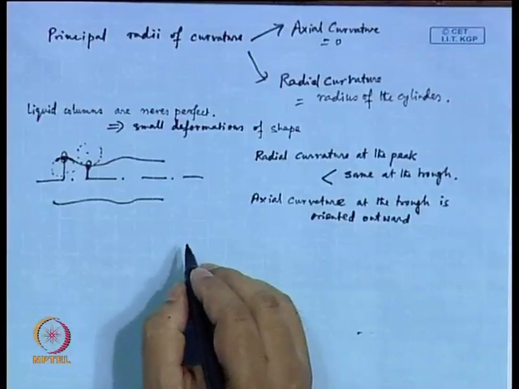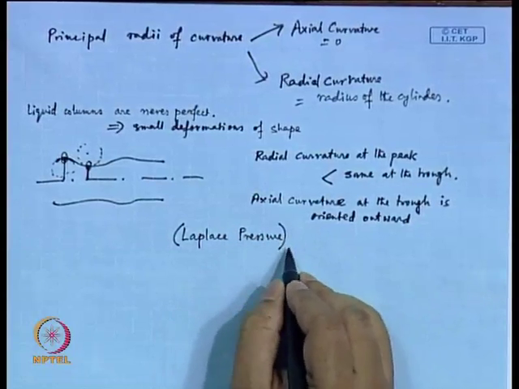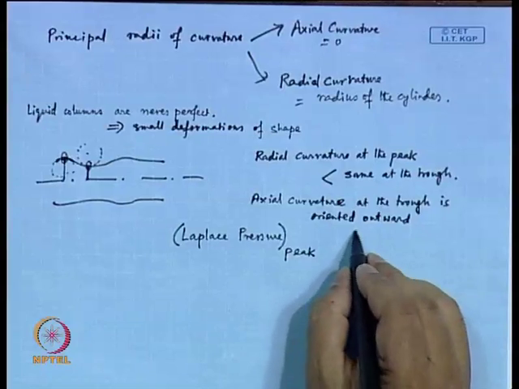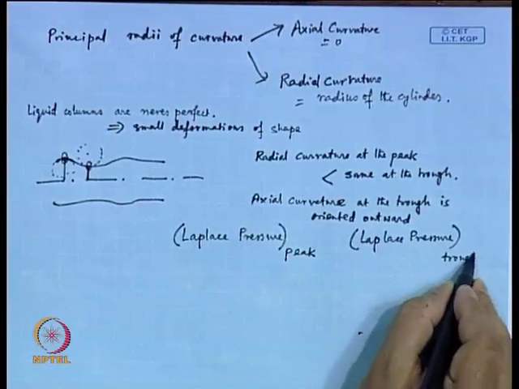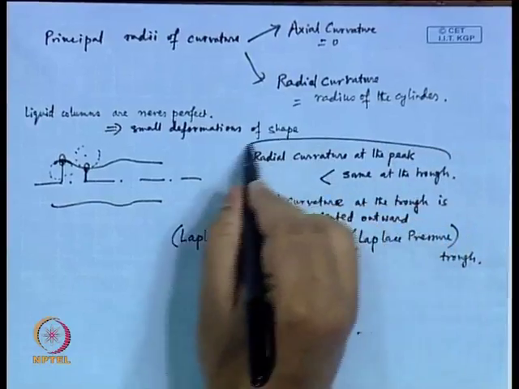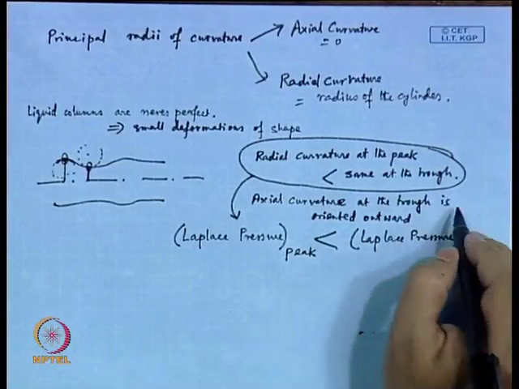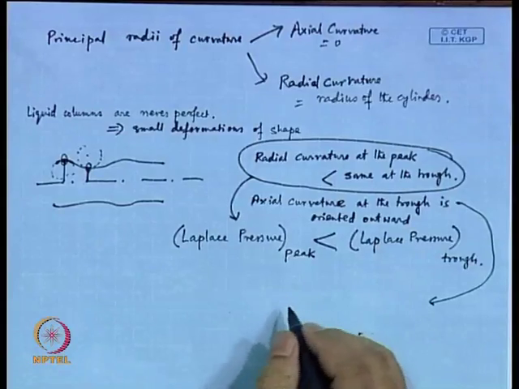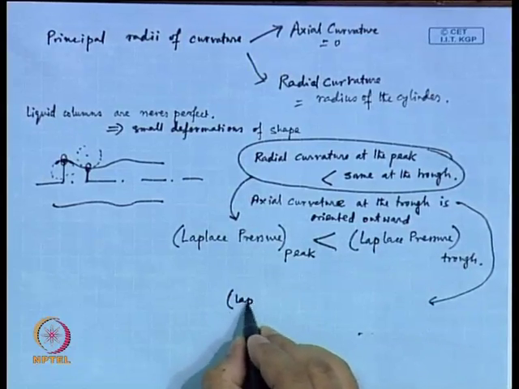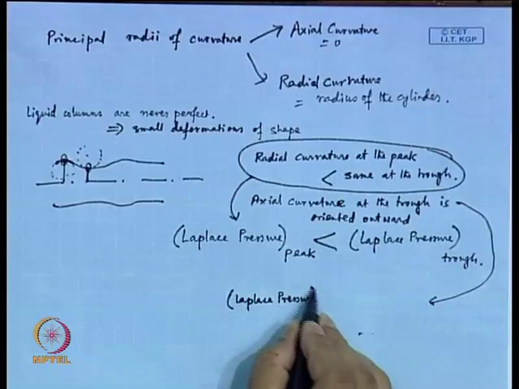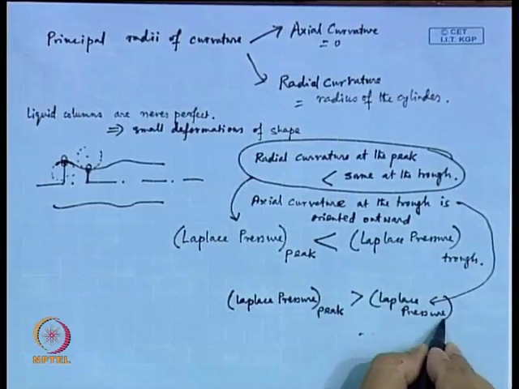So, when it comes to the Laplace pressure, if you compare the Laplace pressure at the peak and at the trough, you will find that this particular aspect will cause the Laplace pressure at the peak to be less than that at the trough, whereas this other aspect will bring the Laplace pressure at the peak to be greater than the pressure at the trough.